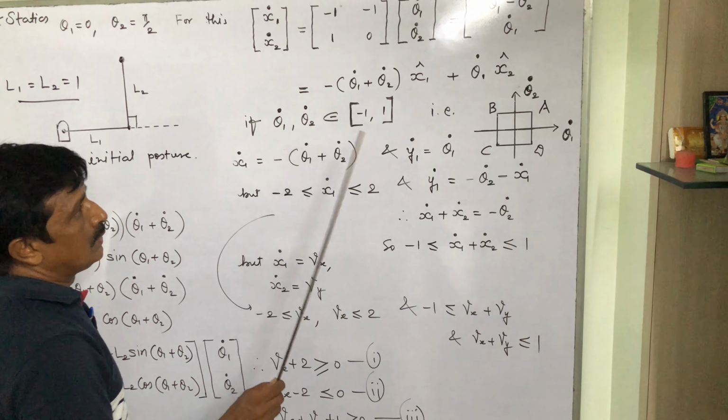We have studied the end effector velocity. This end point can move in any direction, but with a constraint on magnitude, so it forms a parallelogram. I am demonstrating that this tip point can move in any direction. Initially I want to move this point in this direction. This is the fixed pulley.